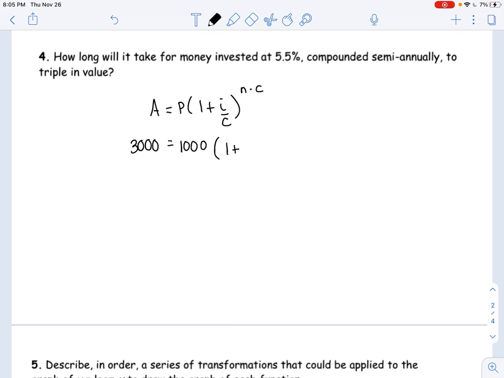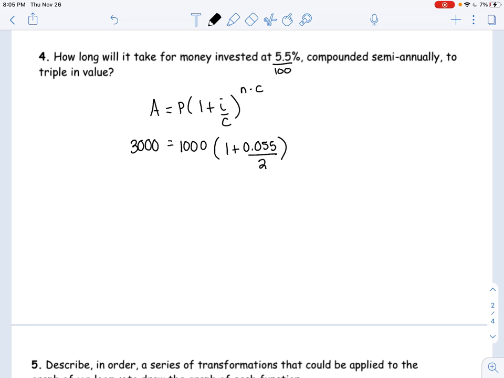Then it's going to be 1 plus your percentage. You're going to change it to a decimal by dividing by 100. And you're going to divide it by your compounding, which means semi-annually. That means twice a year. And then here, if I want to find my years, you're going to solve for n.